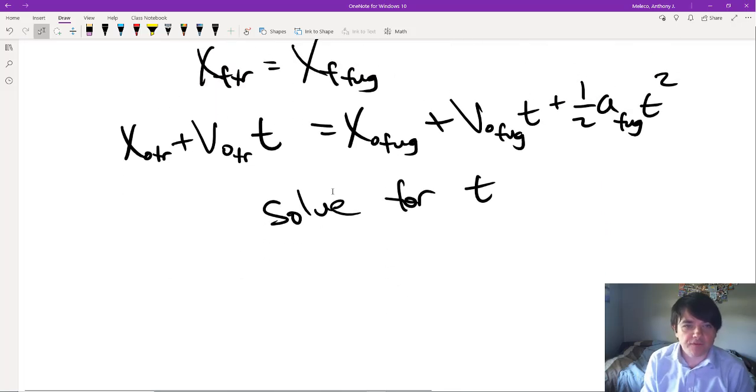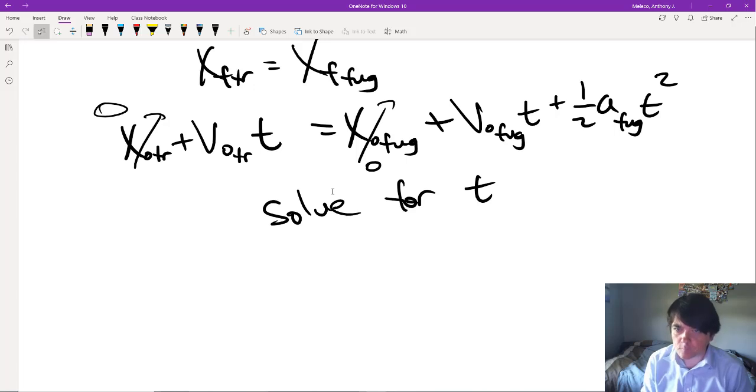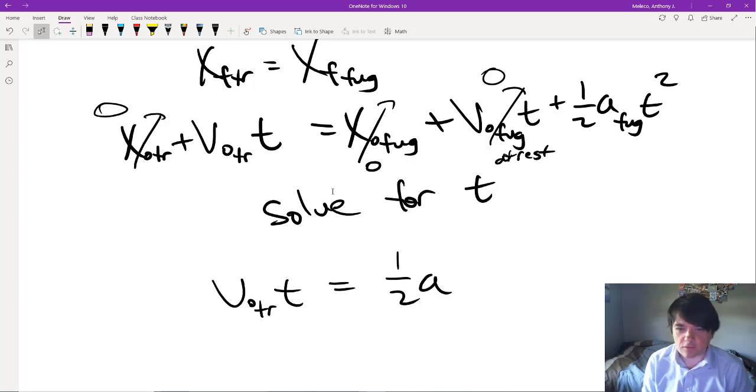So the very first thing we can do is eliminate a lot of this, right? This is 0. This is 0. They start off at 0. V initial of the fugitive, he starts off at rest, right? So now that very complex formula actually simplifies down to this.